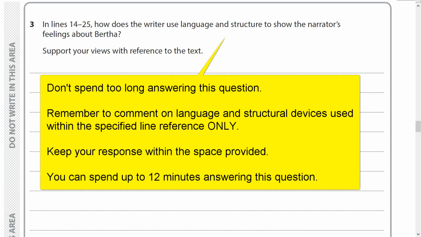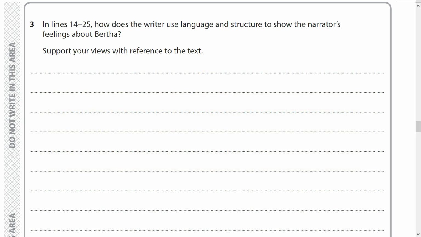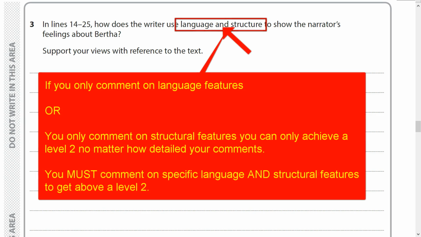So although they want a PED essay response, they don't want a really long essay. The important thing here is that you comment on elements of language, and you must also comment on at least 1 specific element of structure. So that could be something like the sentence structures and forms, it could be punctuation, it could be the use of repetition, it could be foreshadowing, something that's going to come later in the text.